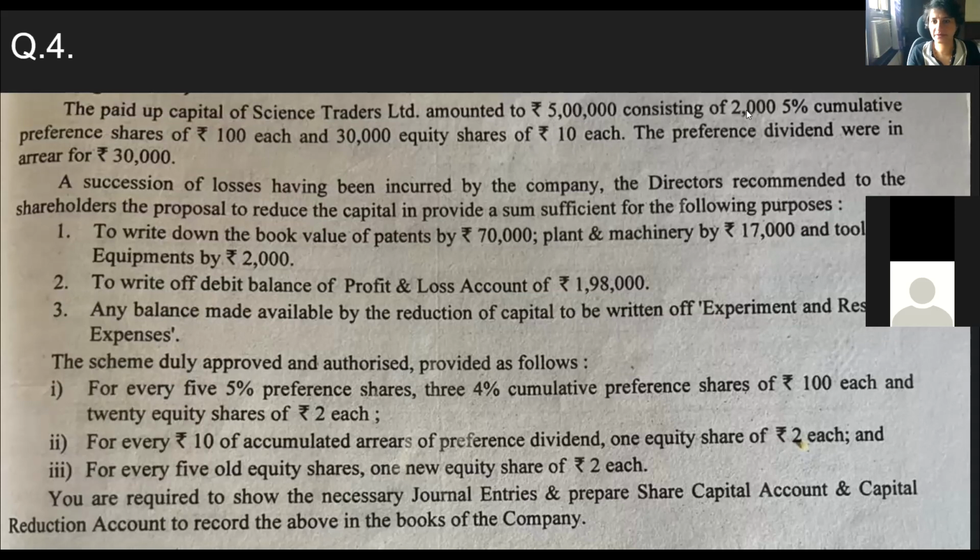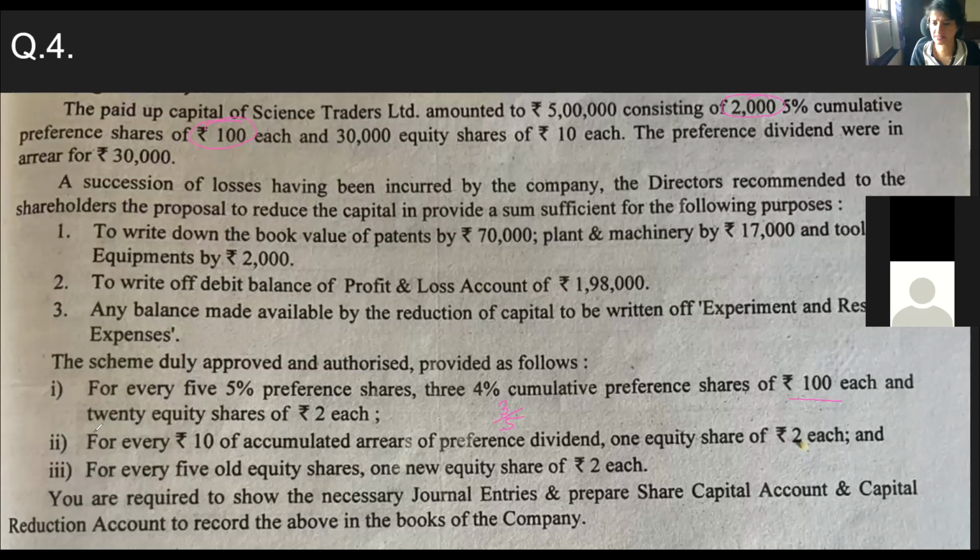This is the question. 2000 shares of rupees 100 each. And for every 5 preference shares, 3 cumulative shares were issued. That means for every 5, 3 4% cumulative preference shares of rupees 100 each, and 20 equity shares of rupees 2 each.